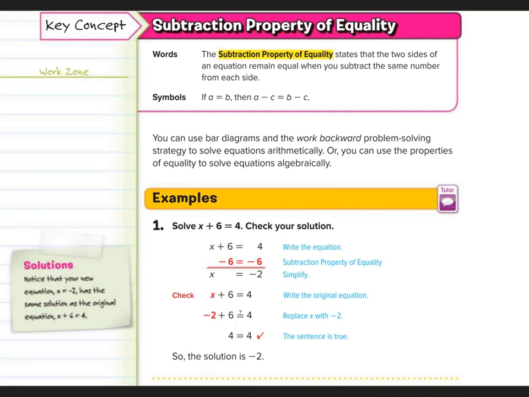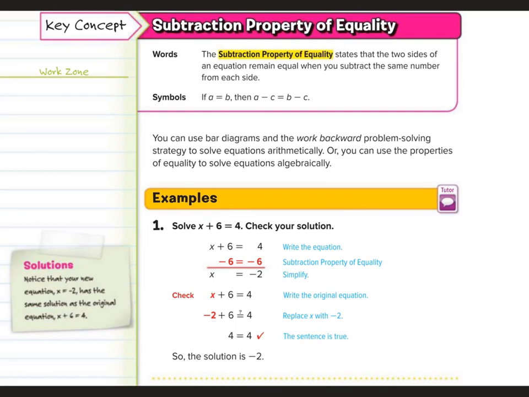Now we're looking at the notes of the subtraction property of equality, and I mentioned that previously. The subtraction property of equality states that two sides of an equation remain equal when you subtract the same number from each side. So whatever you subtract from one side, you have to subtract from the other.